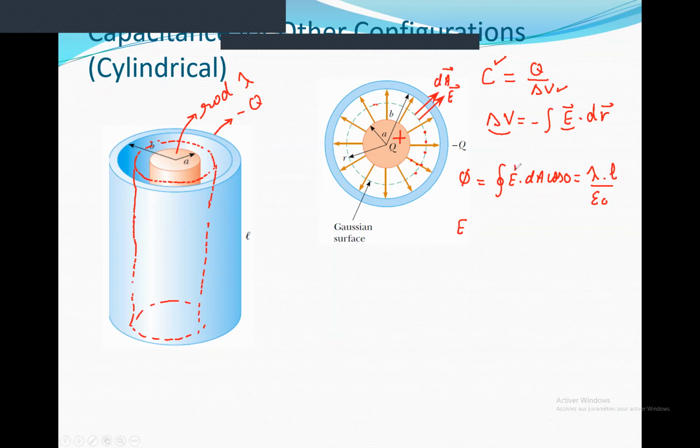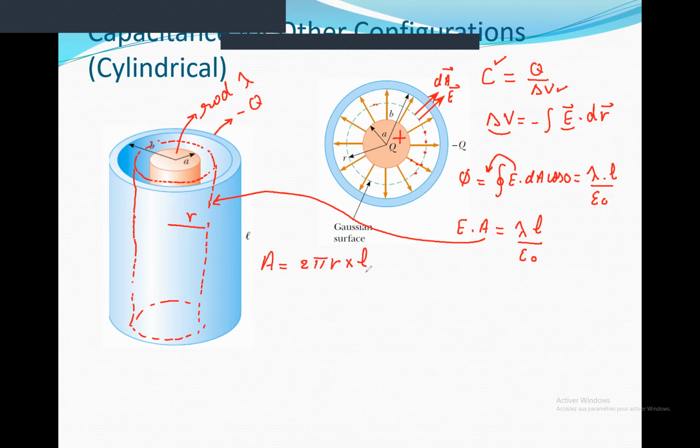So we can put E outside. We get E times A equals lambda L divided by epsilon. A is the area of the Gaussian surface. You know, we have R as radius and L as length. A equals the perimeter 2 pi R times L.